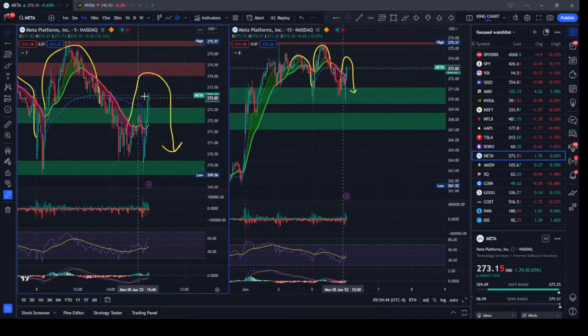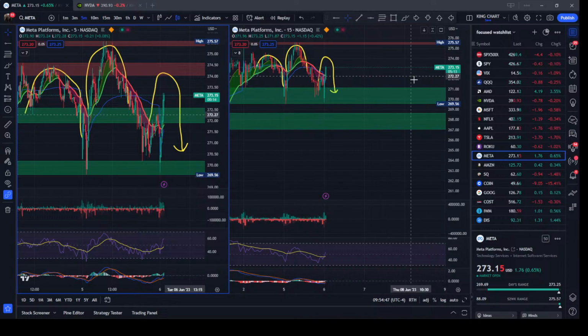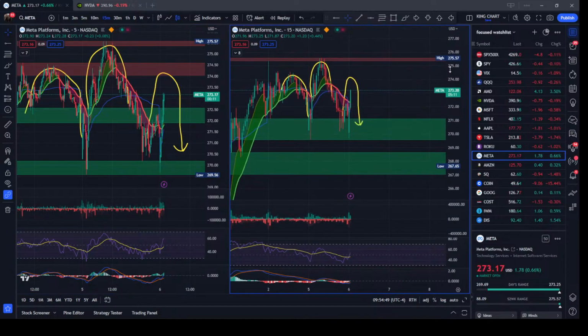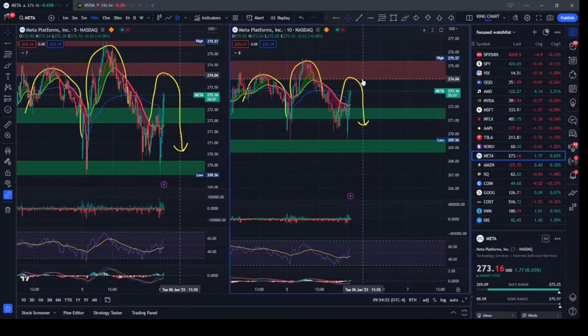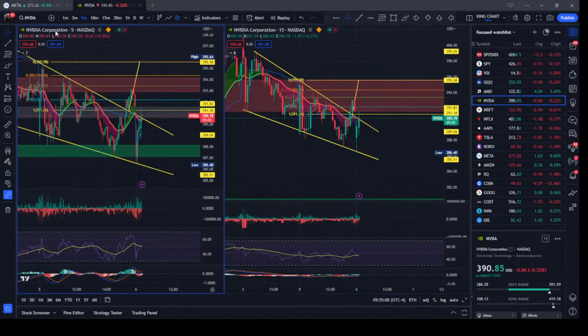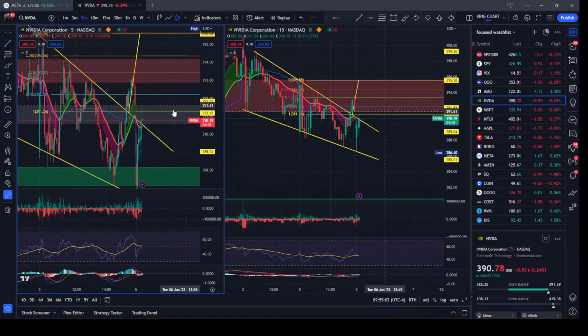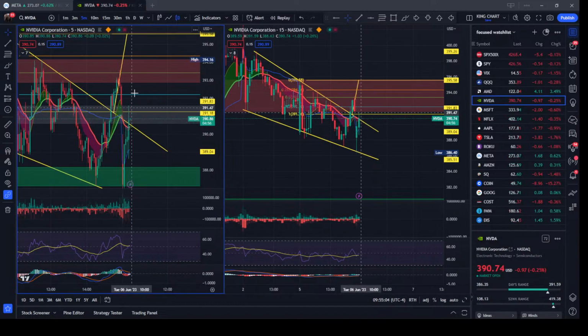Ooh, Meta, look at that. Man, our plan is working out nice. So this could be actually a really sick play if we can get her here at 274. What's Nvidia doing? All right, Nvidia closed above the trend line there. So that for me is confirmation that we're going back to the upside.